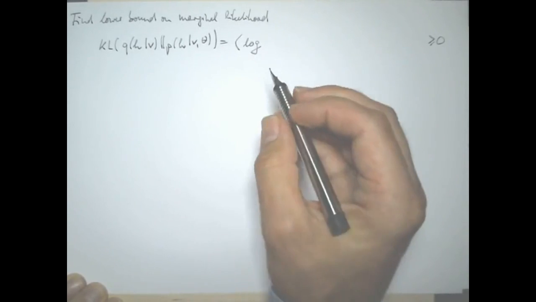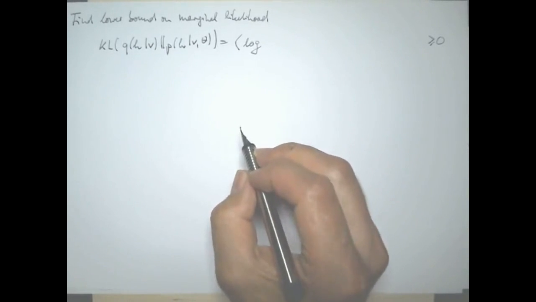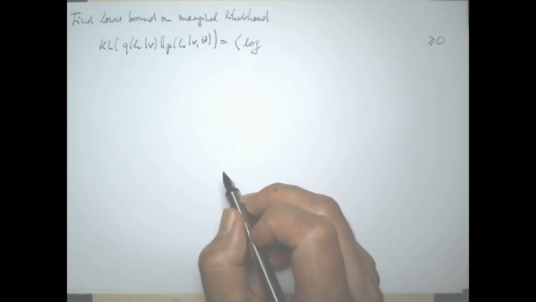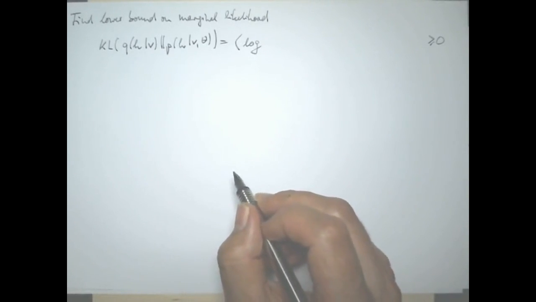This is all with the aim of getting an expression that involves the marginal likelihood, which we will have 2 or 3 lines further down.